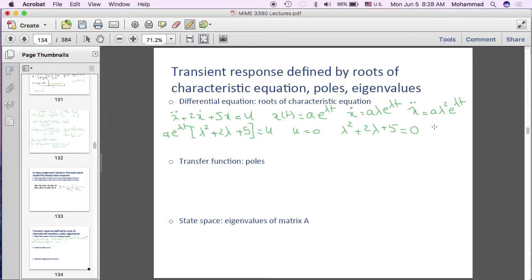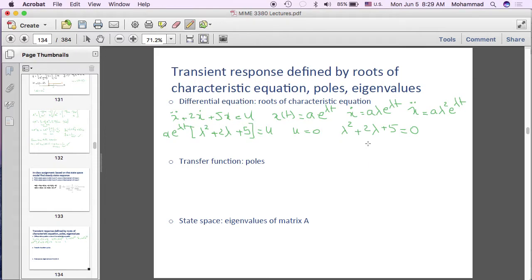This, guys, is called the characteristic equation. So this lambda squared plus 2 lambda plus 5 is what we call the characteristic equation. Do you see how similar this is to the original differential equation? Wherever you have a dot, a lambda appears.